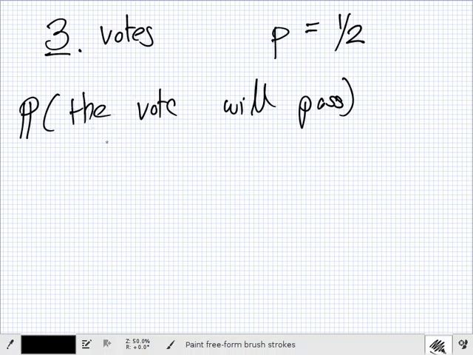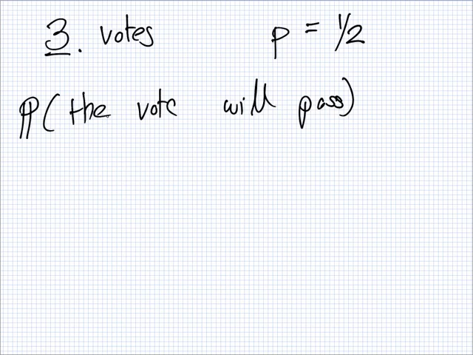So what's the probability that you get a majority of the 3 people saying yes? So how many people need to say yes? 2 or 3. So this here is the probability of 2 yes or 3 yes.